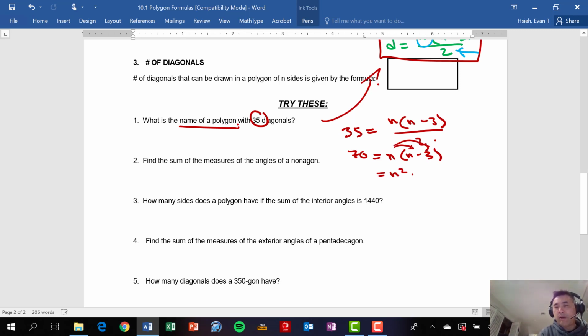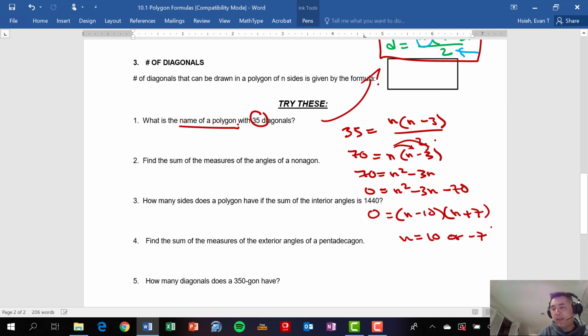I get n squared minus 3n equals 70. Bring everything over to the same side: n squared minus 3n minus 70 equals 0, and then I can factor this into n minus 10, n plus 7. So n is equal to 10 or negative 7. I can't have a negative number of sides, so n is going to be equal to 10.